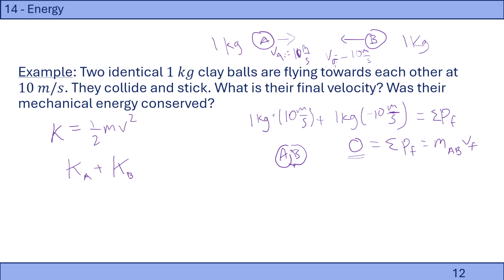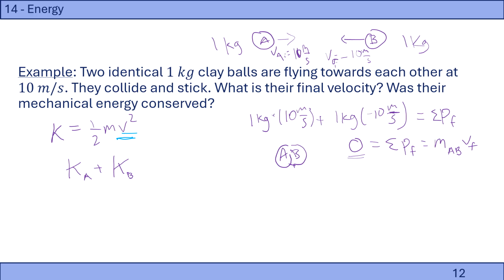The kinetic energies don't cancel, because you square the velocity, and so 10 squared is 100, divided by 2 is 50, and so you have an initial KA of 50 joules. For KB, you have negative 10 squared divided by 2 multiplied by 1 kilogram. That's also 50 joules.